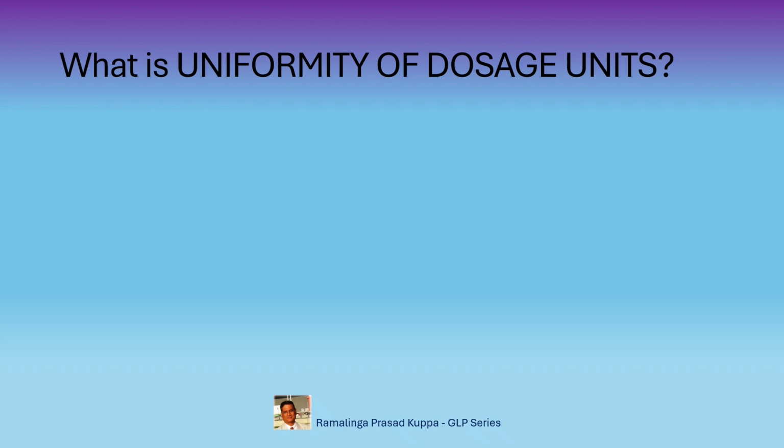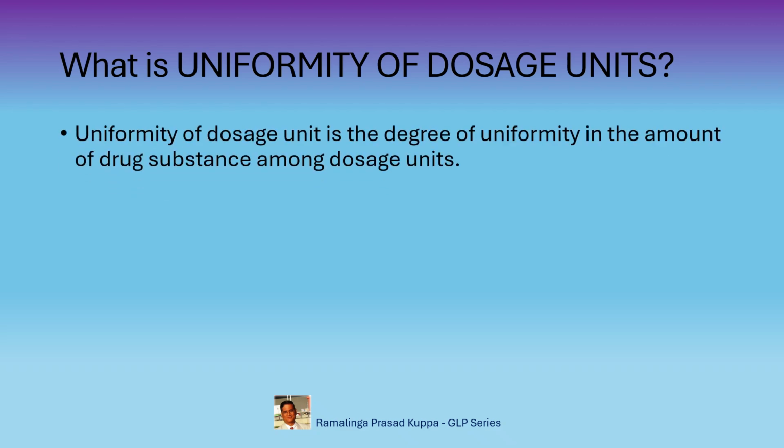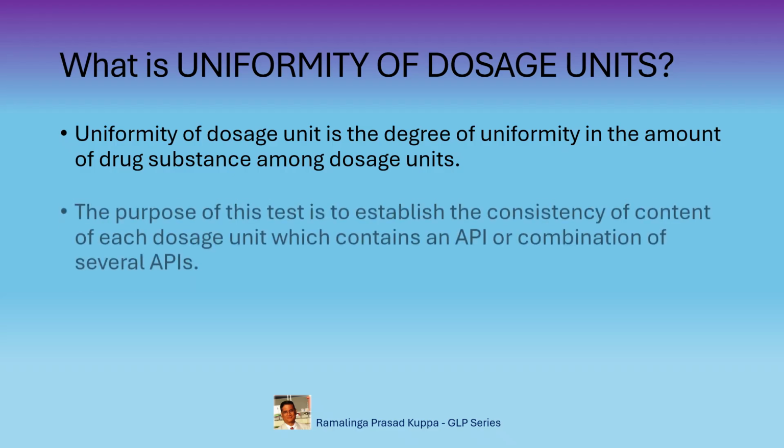What is uniformity of dosage units? Uniformity of dosage unit is the degree of uniformity in the amount of drug substance among dosage units. The degree of uniformity is derived by the statistical evaluation of the data from the set of 10 tablets followed by another set of 20 tablets if necessary.